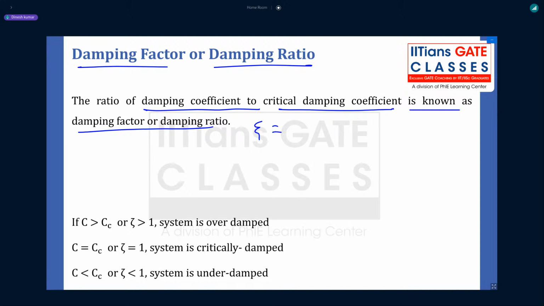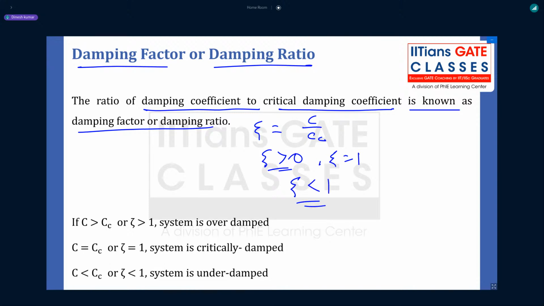So zeta is nothing but C by Cc. Now guys, if zeta is greater than 1, it is known as overdamped. If zeta equal to 1, it is critically damped, and if zeta less than 1, it is underdamped.